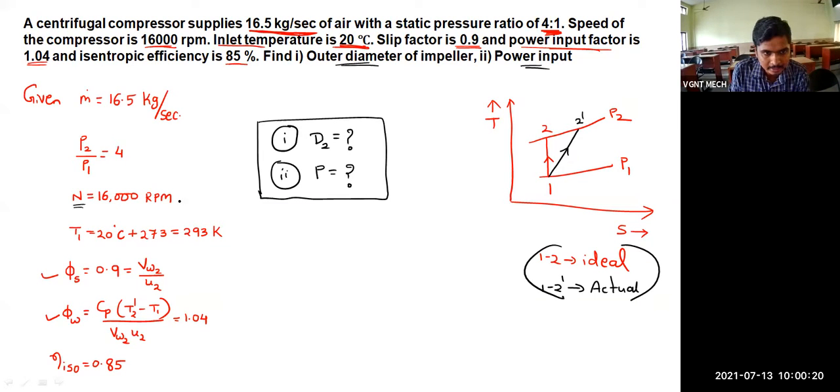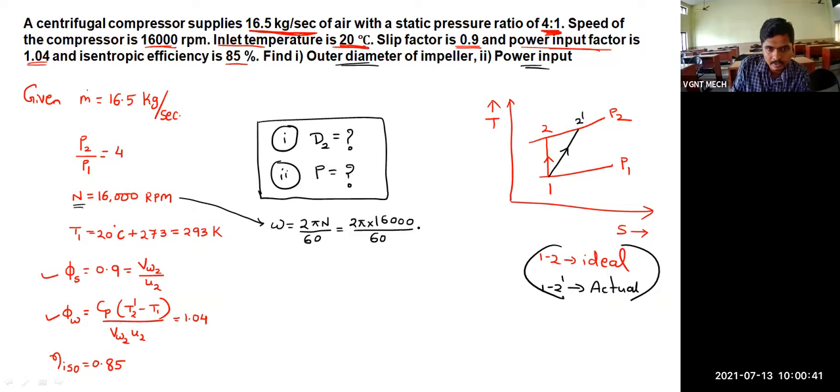N is given, so we will calculate the omega from this N. What is the formula of omega? That is 2 pi N divided by 60, which is equal to 2 pi into N, where N is 16,000, divided by 60. So quickly you solve it and tell me the answer.